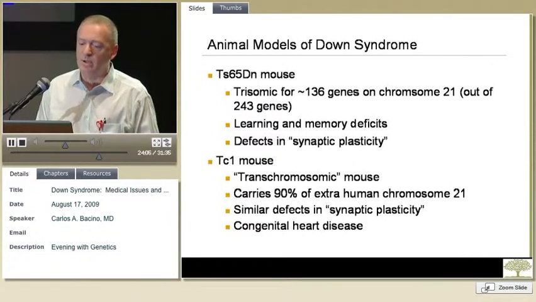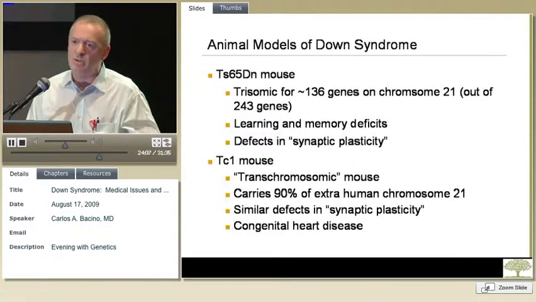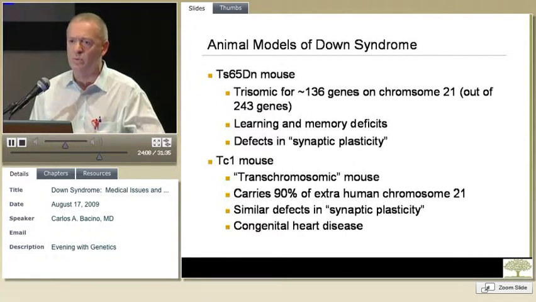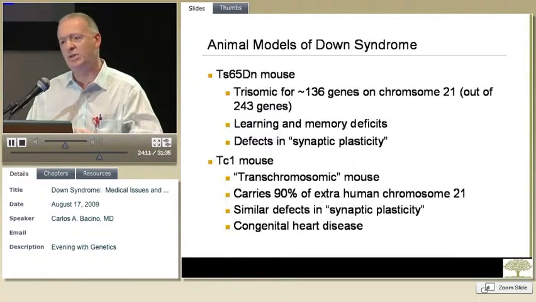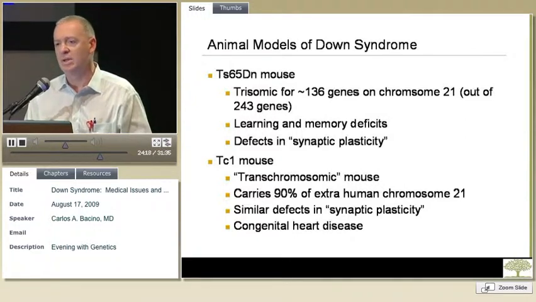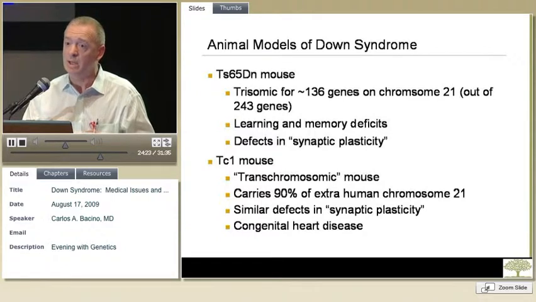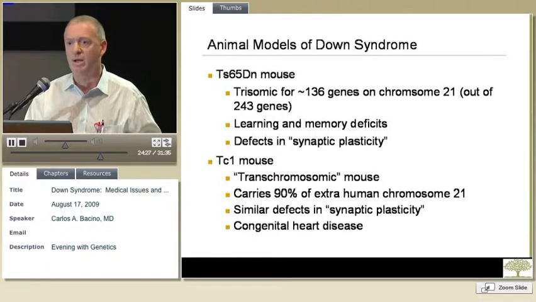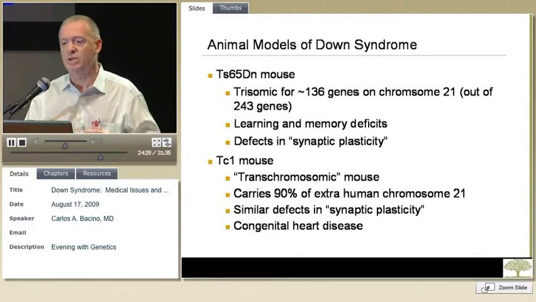Scientists sometimes try to replicate diseases or models for a particular medical problem in different animals. And actually, there are 2 different mice that have been experimentally created to mimic what you would see in terms of genetic information in Down syndrome.